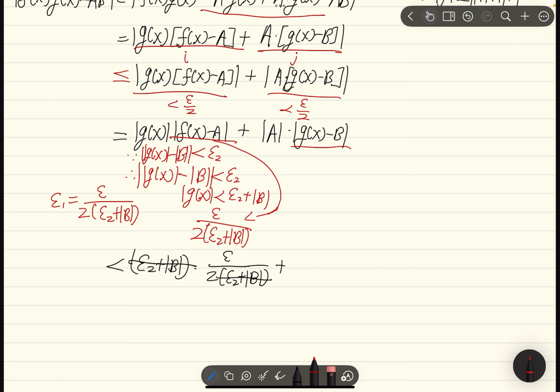So again, if we write this in some fraction form, for delta over 2 times blah blah blah, and this is the value of the absolute value of a, then this would work. So what we want here is the absolute value of a times epsilon over the absolute value of a times 2. That would work.